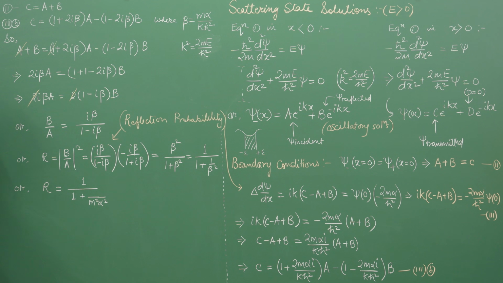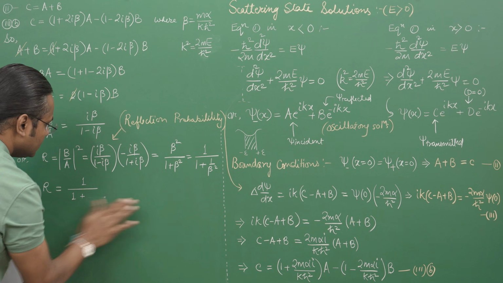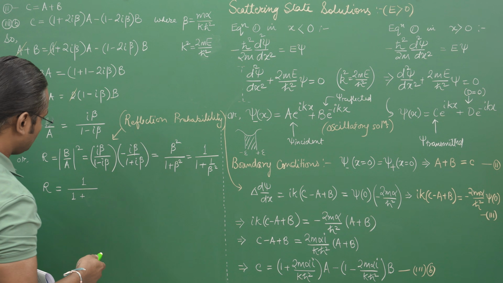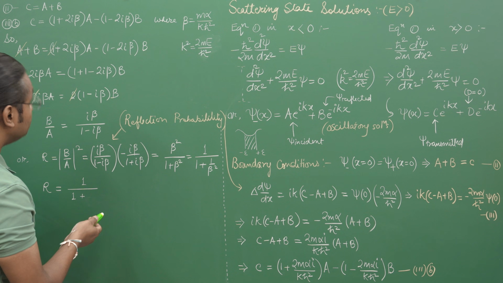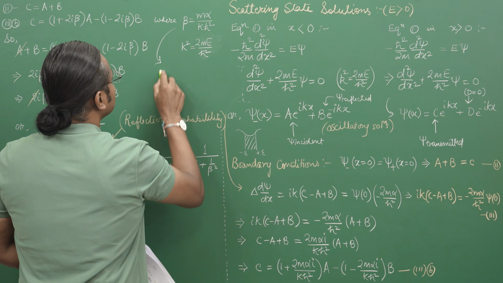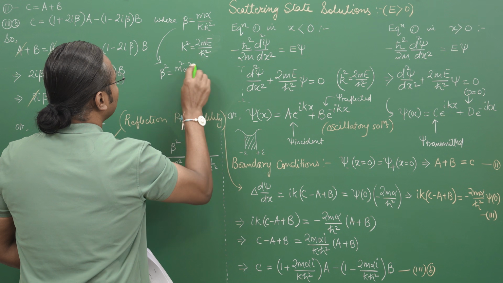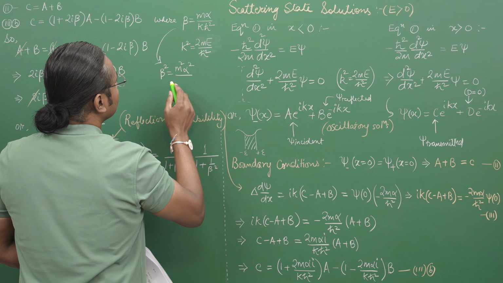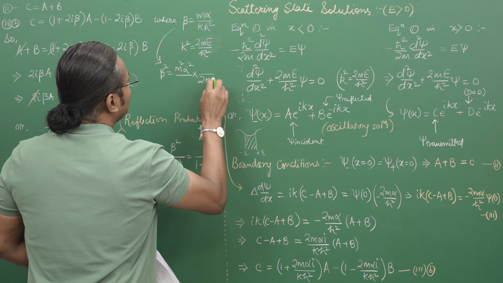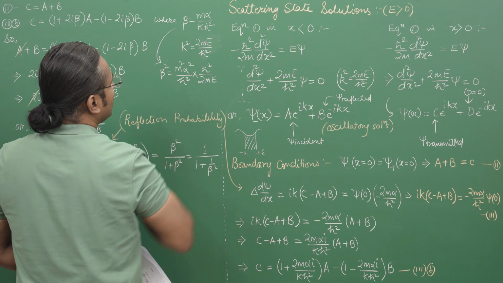So this should therefore become, so what are we looking at here? So let's just simplify this in this region, okay. So what is 1 plus beta square? So beta square, okay, so let's write it down here. So beta square is equal to m square alpha square upon k square, but k square is equal to 2me upon h cross square, and then you have h cross square, right?